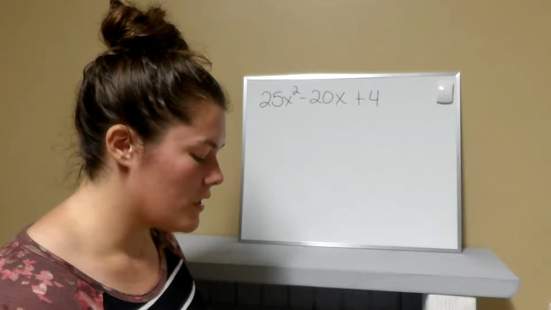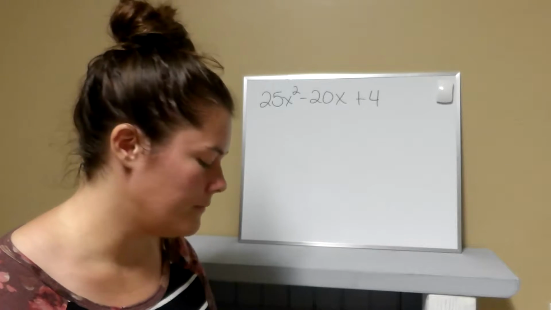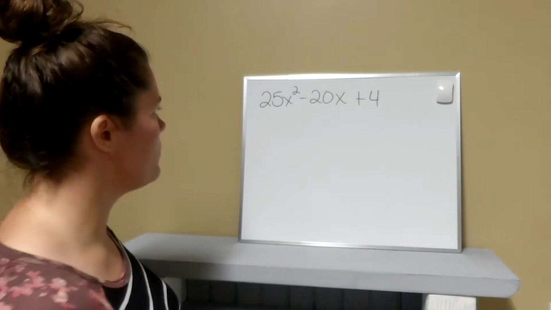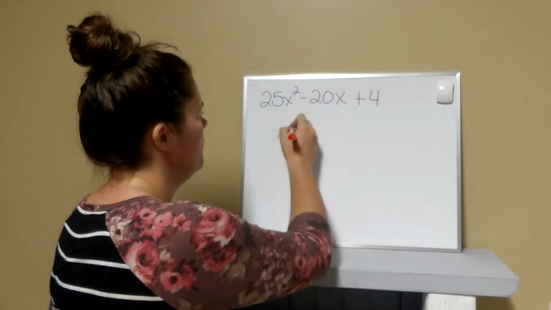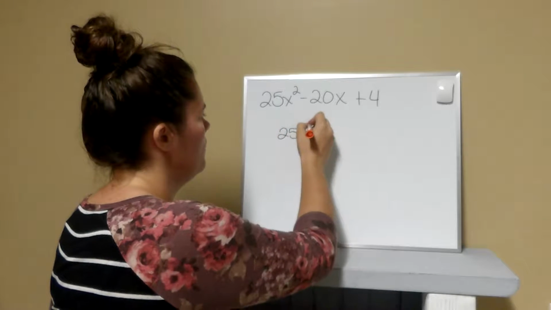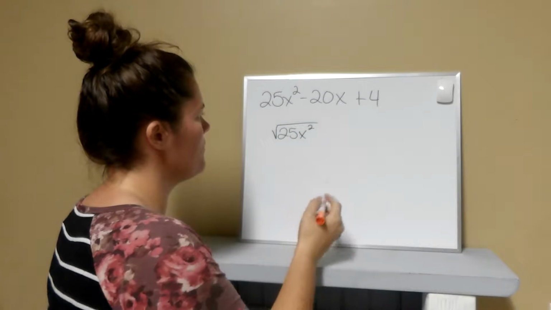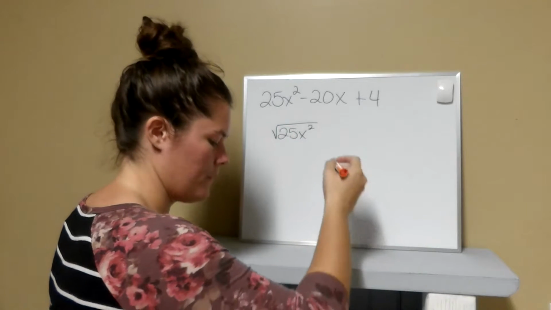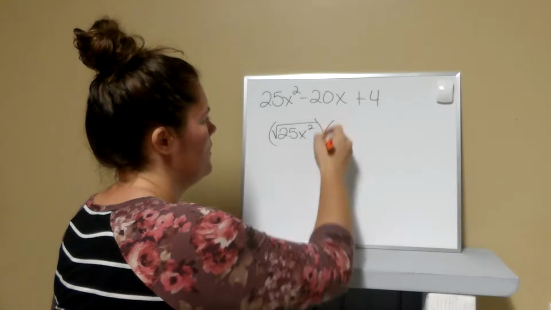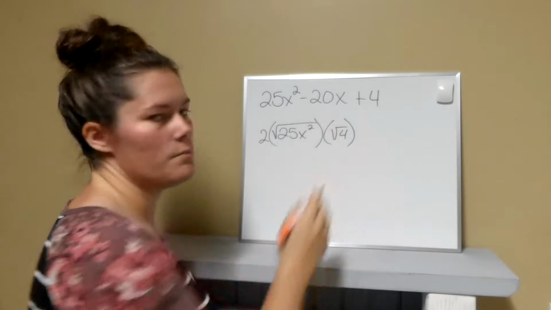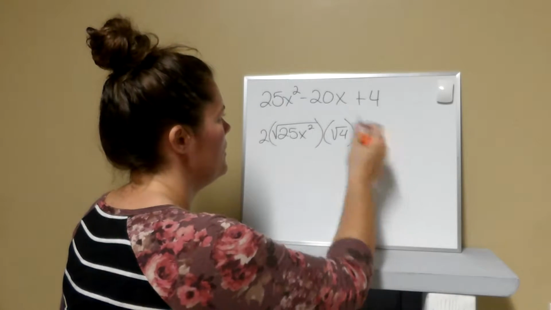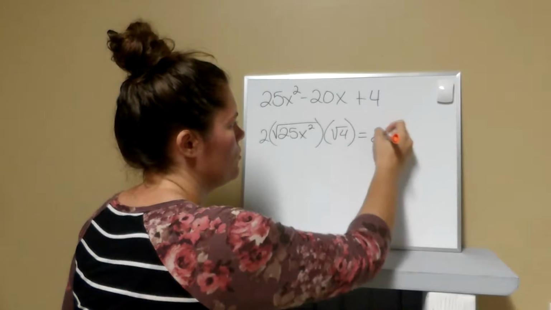But anyway, just as a refresher, the way that you would do this, you have the square root of this times the square root of 4, all multiplied times 2, equals this number here, 20x.